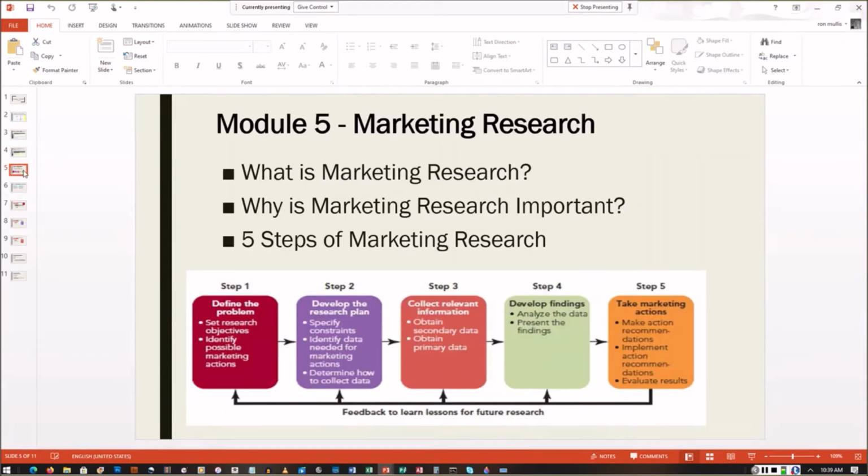All right, as I stated before, we're going to be talking about marketing research. In order for marketing actions to be accurate and produce results, marketers have to conduct market research. Market research is how a team or a company goes through the process when they recognize a marketing problem or an opportunity.